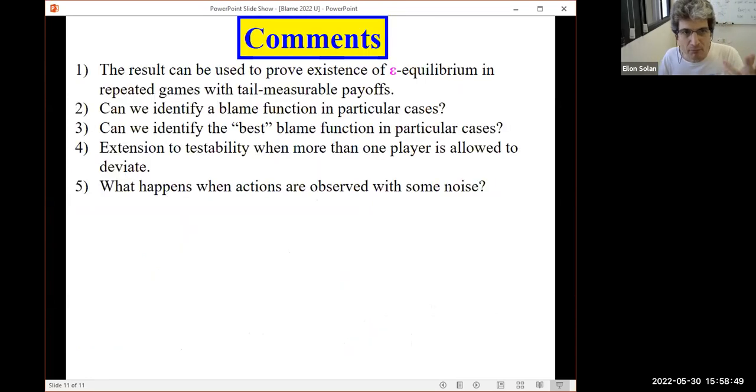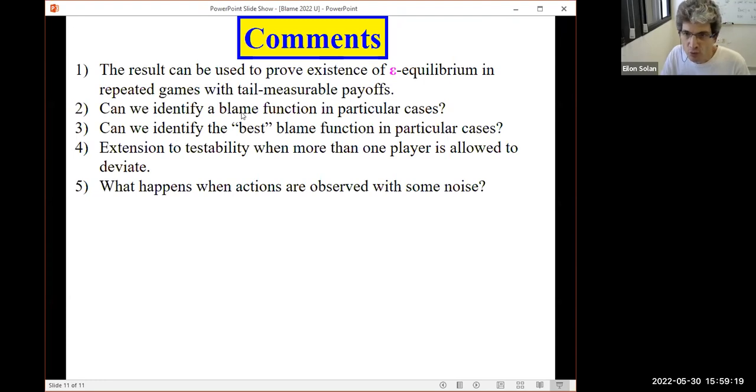Most of my comments we already discussed during the talk. First, this result can be used to prove existence of epsilon equilibrium in repeated games with tail measurable payoffs. Second, as I said, it will be interesting to know explicit blame functions in particular cases.